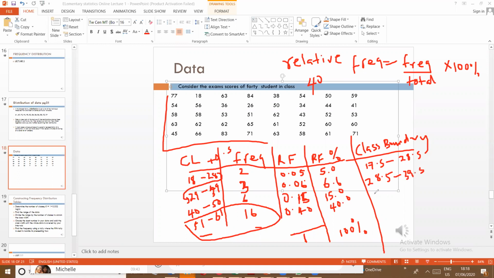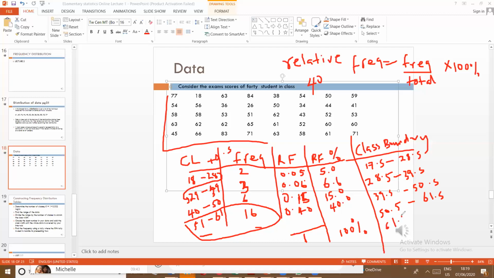The next class is what? 39.5 to 50.5. Then 50.5 to what? 61.5. So it means the next class will start at 61.5.